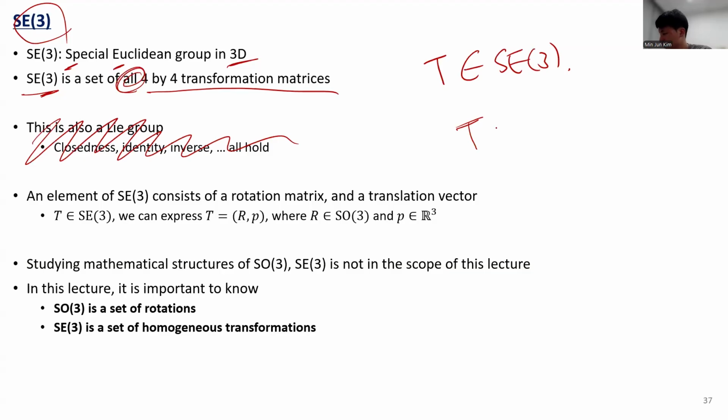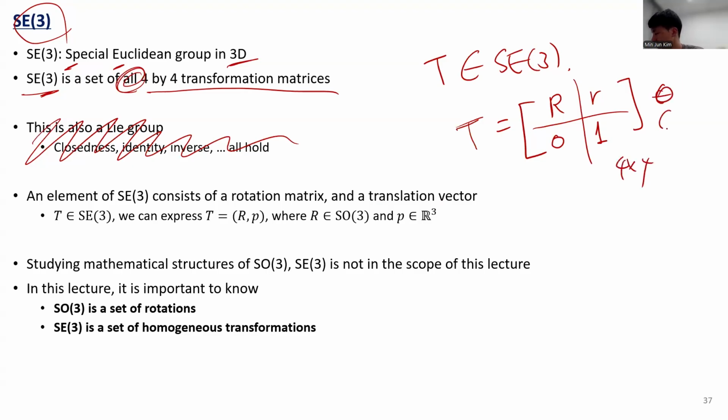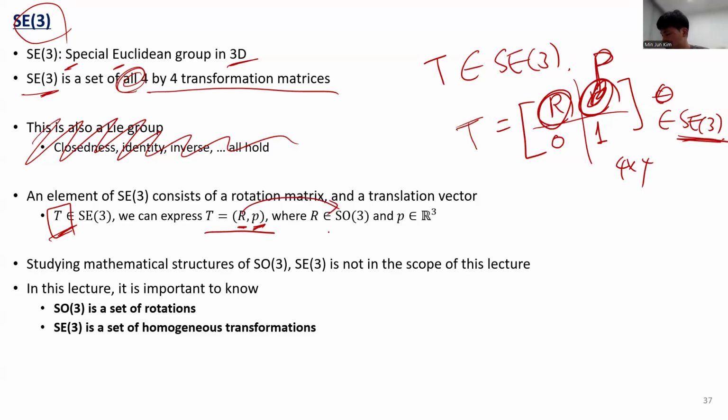So for SE3, if you remember, we have a rotation matrix, a translation vector, a 0 and 1, right? That's a 4x4 matrix, and it belongs to SE3. So basically an SE3 element has a rotation matrix and a translation vector. This transformation T can be represented by its associated rotation and its associated translation P, where the rotation belongs to SO3.